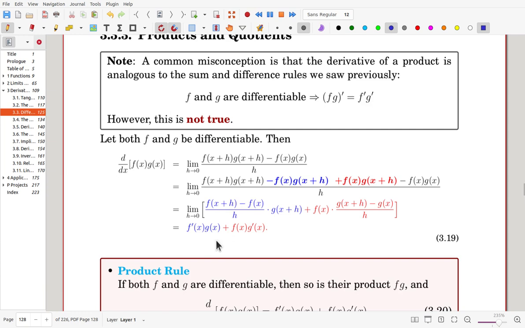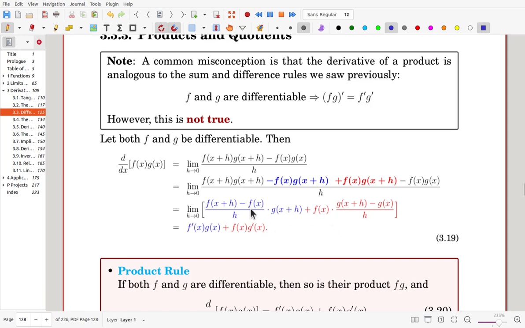Here we assumed in the beginning that f and g are differentiable, so this limit should exist, and of course g and f are continuous, so that the limit exists. We also assumed that g is differentiable, so we can find the limits part by part.